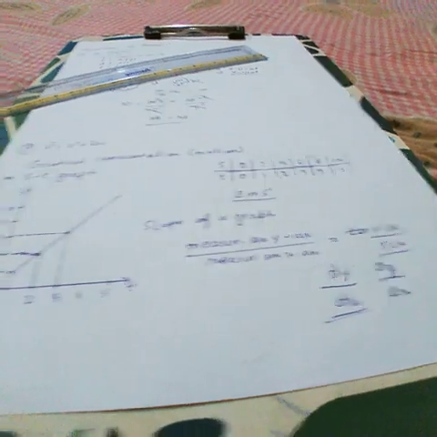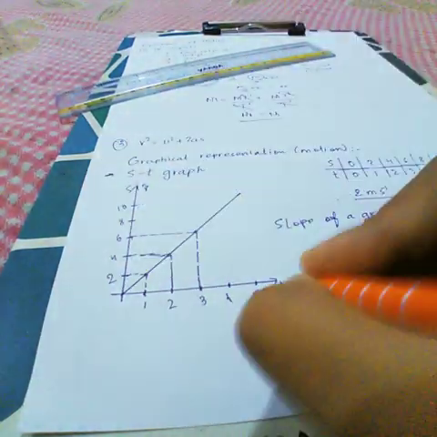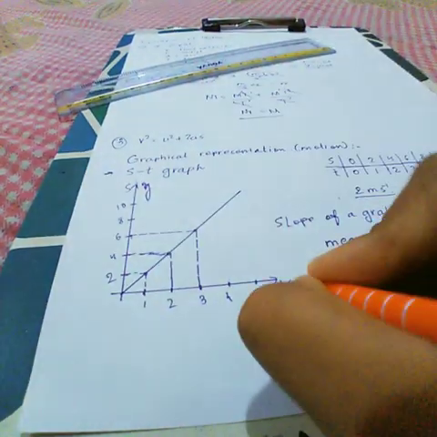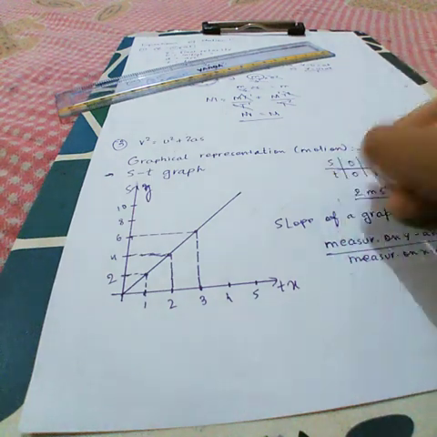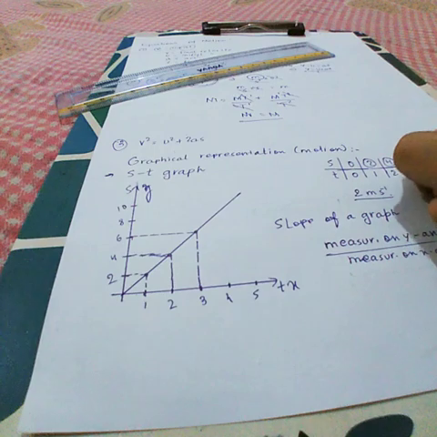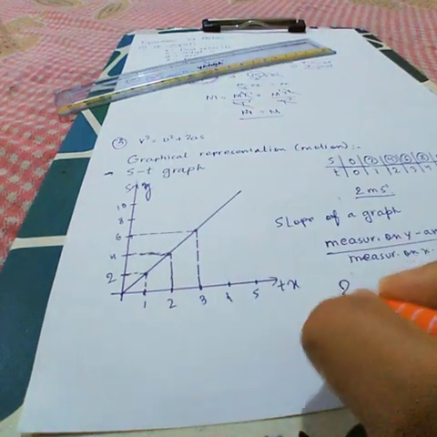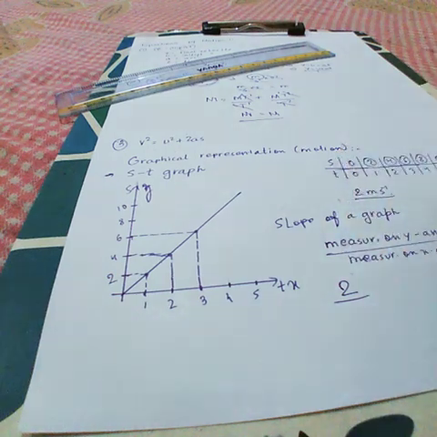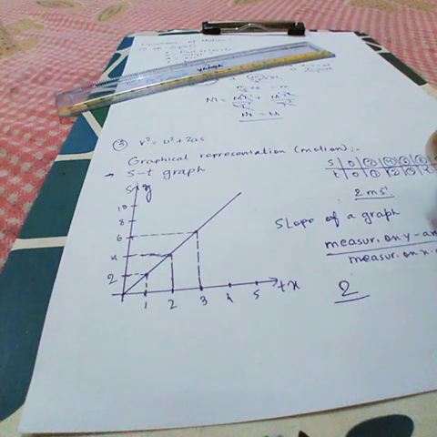So here in this graph, what is the rate of change of y? As you know, this is the y axis, this is the x axis. So what is the rate of change of y? 2, 4, 6, 8. The rate of change of y is 2. What is the rate of change of x? 1, 2, 3, 4, 5.